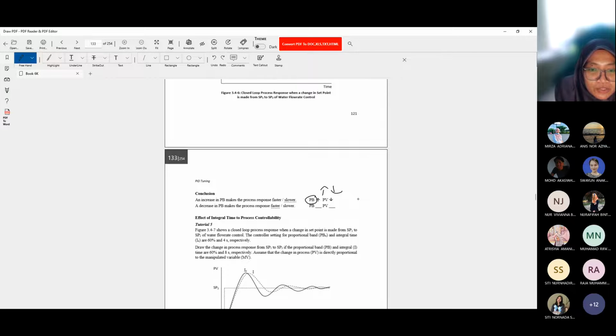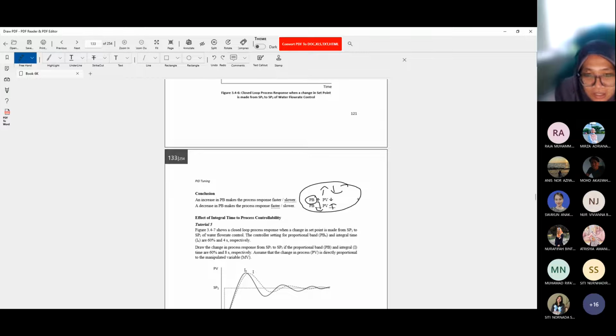So when you decrease the PB, your PV would rise faster. So this is the relationship between PB and PV.